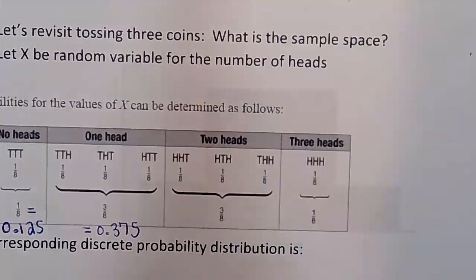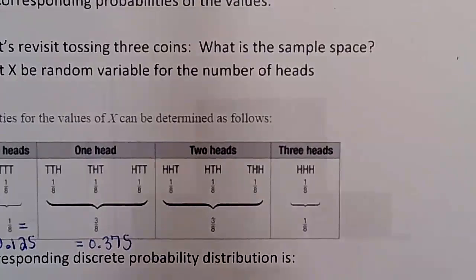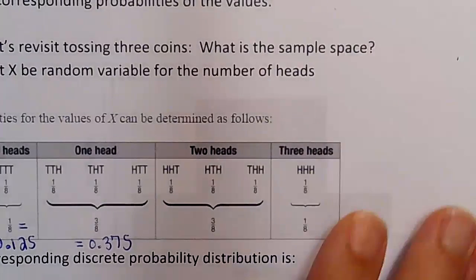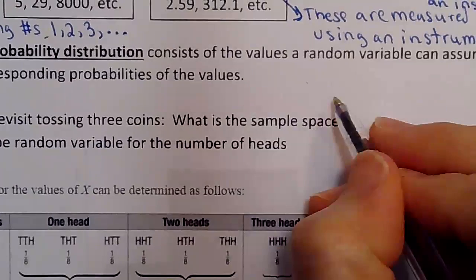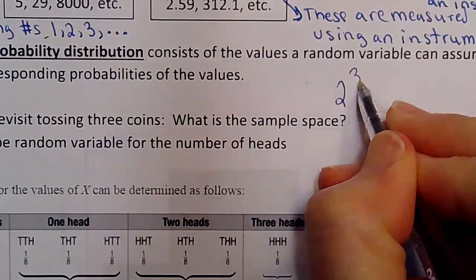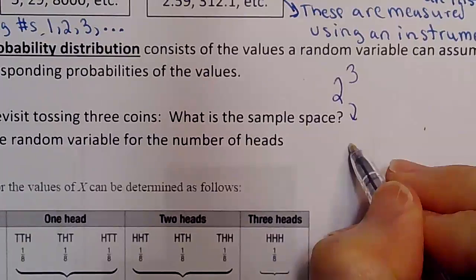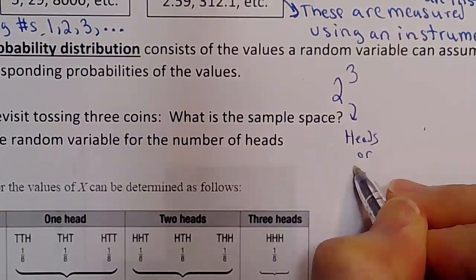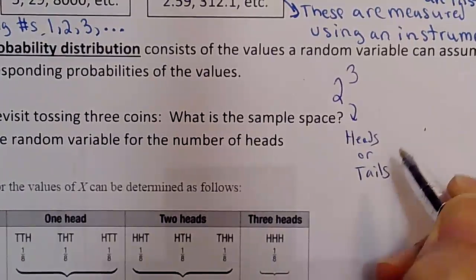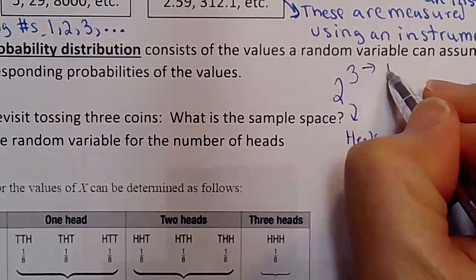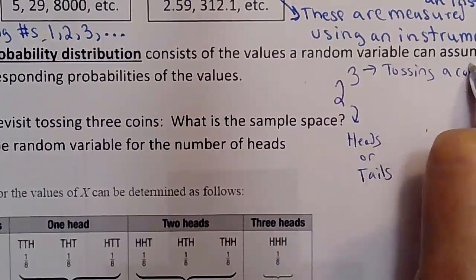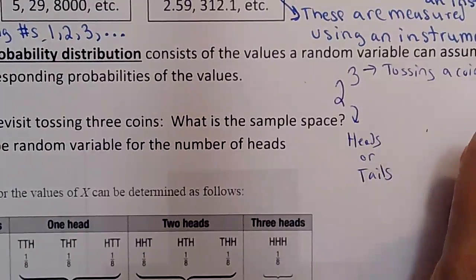And they said the total was 8. So if you remember me talking about this here, where if I were to do 2 cubed, 2 representing either the heads or the tails, and then 3 being you tossing a coin 3 times.